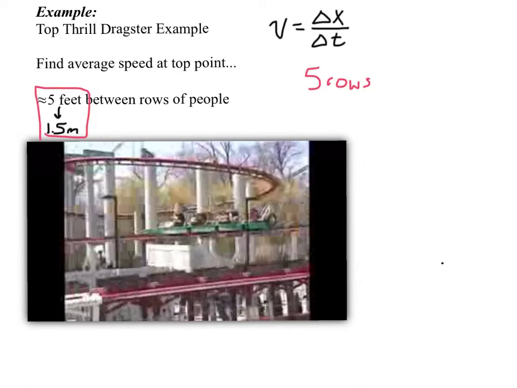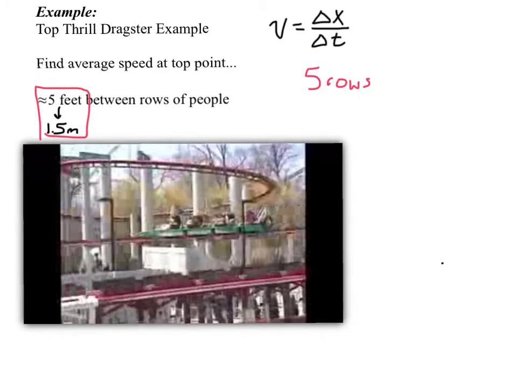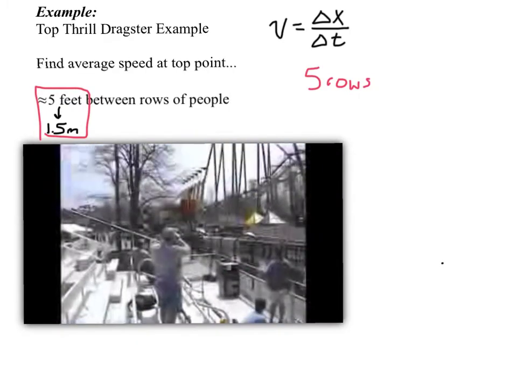Okay, so now let's see if we can figure out the time it's going to take for our dragster, our train, to go from the first row to the last row at the top point. So pull out your stopwatches. Let's check it out.